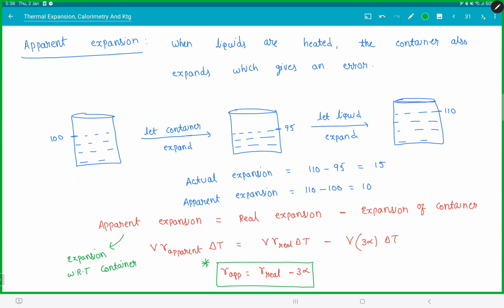Clear? Let's see a question based on this.